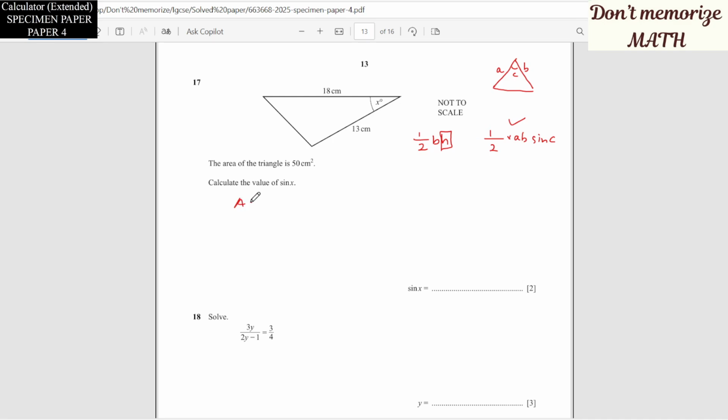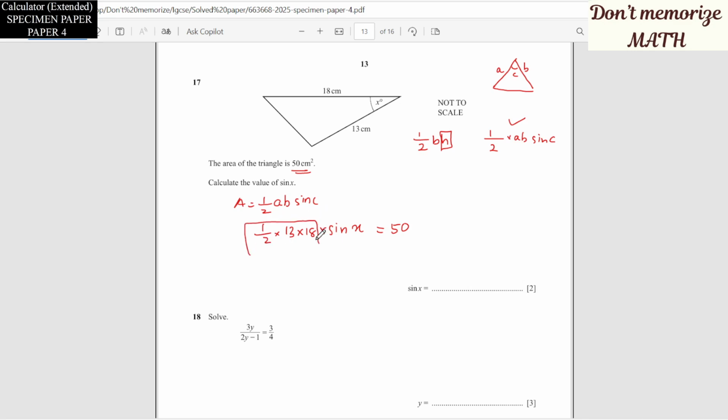So area is equal to, we are using the formula half AB sine C. Area is given, so half times A is 13 or 18, anything you can take, 13 times 18 times sine C. We don't have the C value, so take it as x, equal to the area that is given, that is 50. So you can use the calculator and find out this part.